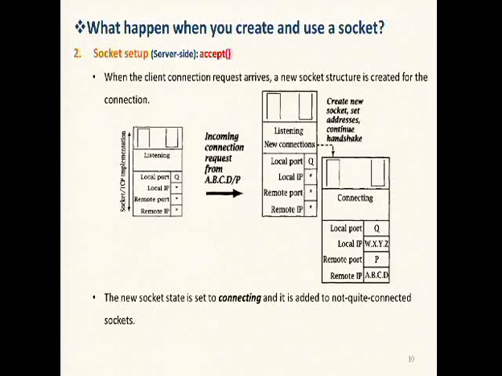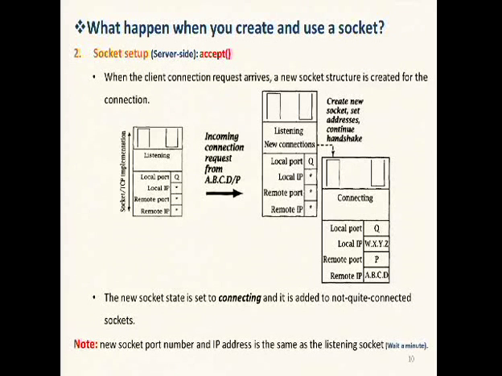Okay, so we are now in the connecting state, and we have the whole required information that we need. The IP address is now W, X, Y, Z, and the local port is Q, and I know with whom I'm communicating, P and A, B, C, D. Just remember this. The IP address and the port number of the newly created socket is the same as what?